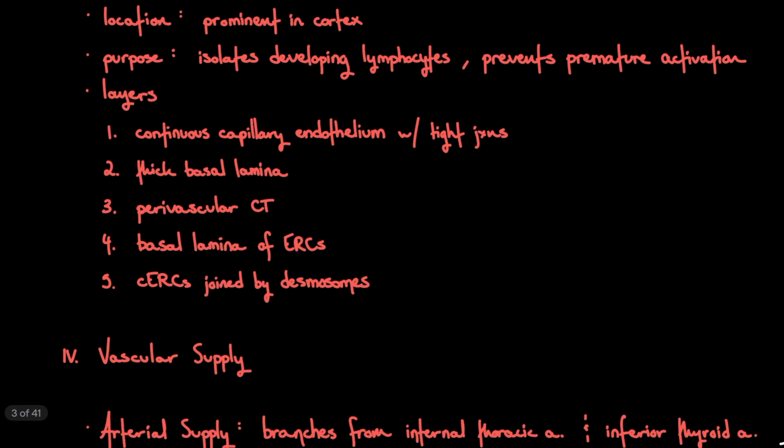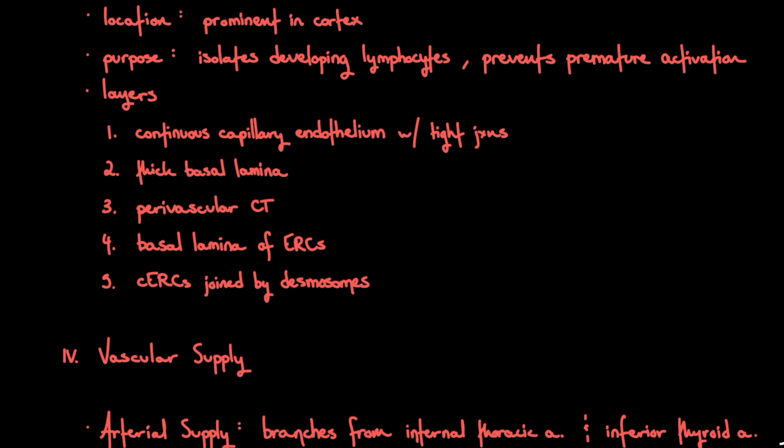Again, you don't need to know these layers, but I'll just explain what they mean. So you have the endothelium of the blood vessel. Then you have the basement membrane and the connective tissue of that blood vessel. Then you have the basement membrane of the thymic cells, and then you have just the thymic cells themselves.